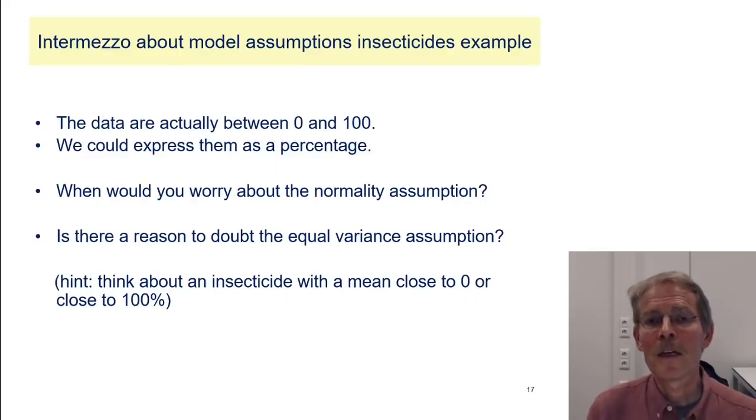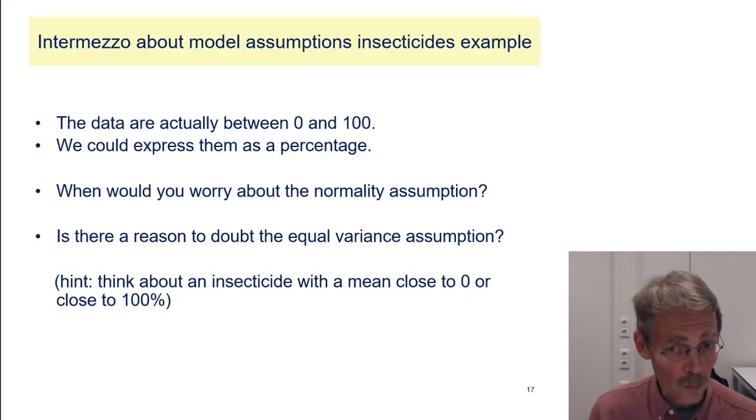The data are between 0 and 100, because I've got 100 seeds, so there will never emerge more than 100 or less than 0. You cannot have anything negative. So basically, the data are percentages, 50 out of 100, 50%. Would that make you worry about the normality assumption?